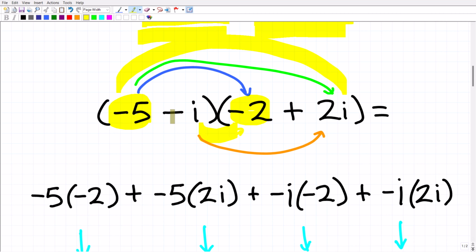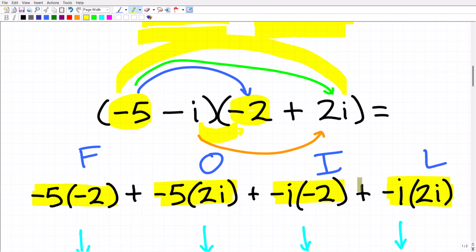All right, so negative 5 times negative 2, we'll have that right here. And we're going to add that to negative 5 times 2i, right? So we're thinking FOIL. So this is our first, outer, inner, last. So our outer terms is negative 5 times 2i, so that's right here. And then our inner terms is negative i times negative 2, so that's right there. And then our last terms is negative i times 2i, and that is right here.